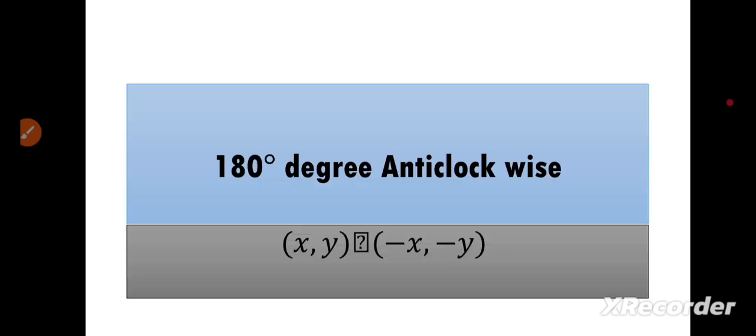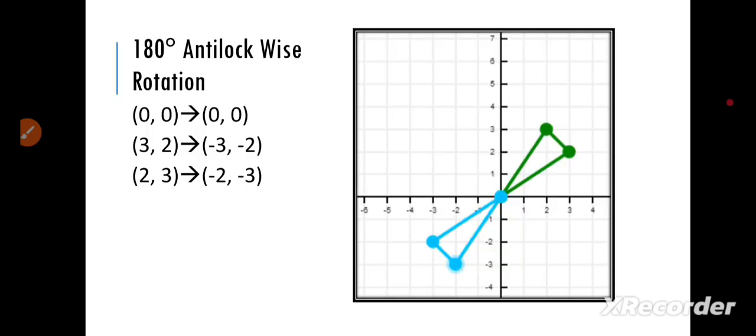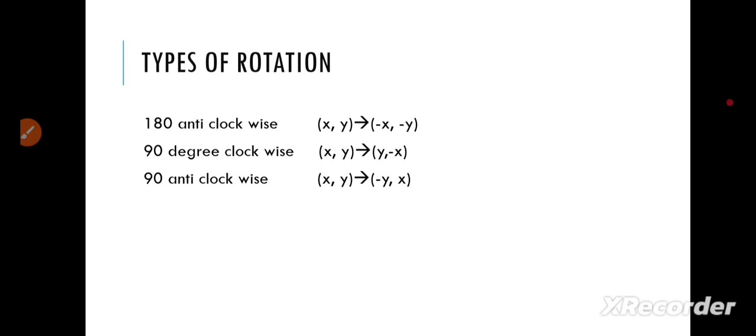Okay, let's take an example of 180 degree. Here for all the coordinates we have taken a minus sign on both sides and then plotted them. We see a 180 degree rotation. For 90 degree we flip, and for the second coordinate we put a negative sign.